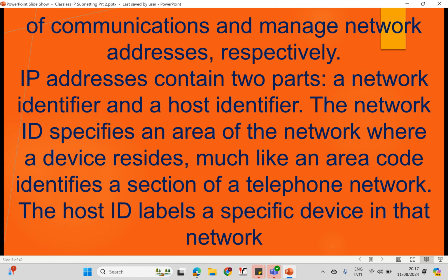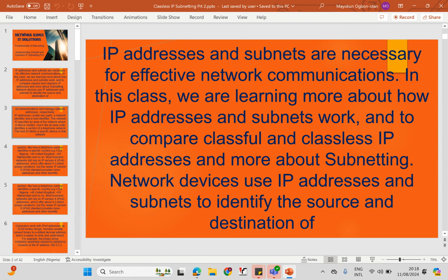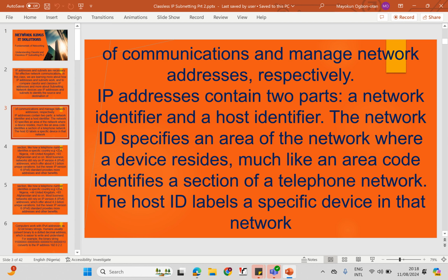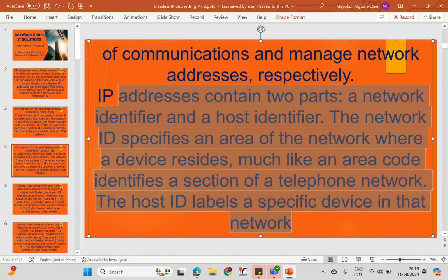We said that if we see an IP, there is a portion that we call the network portion, and there is another portion we call the host portion. And what helps us to differentiate between these two portions of the IP is the subnet mask. I want to explain something, so just look here now.